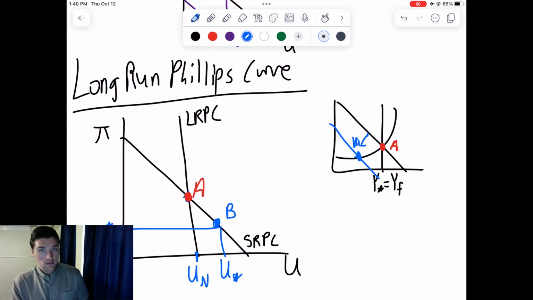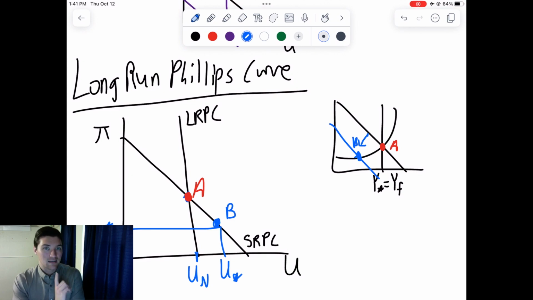Notice here in this case that your U star, your current unemployment, is higher than your natural rate. When this is happening, if I gave you the Phillips curve like this, you can see that your unemployment is higher than your natural rate. This means that you do have cyclical unemployment, which means that you are in a recessionary gap.